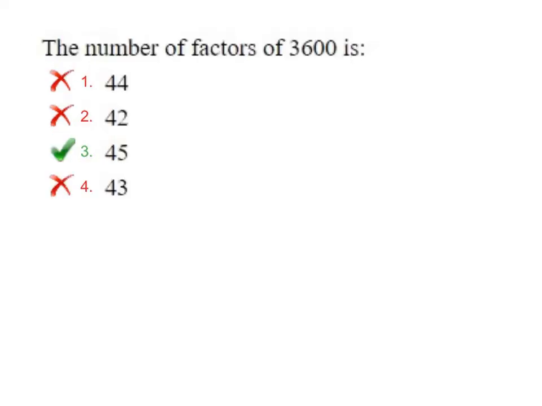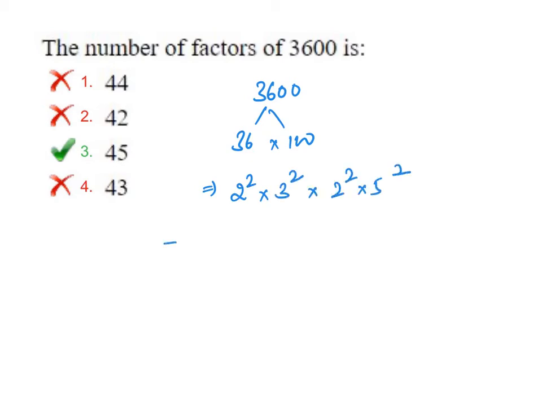The number of factors of 3600. First, prime factorize 3600. I am writing it as 36 into 100. 36 can be written as 2 square into 3 square. 100 can be written as 2 square into 5 square. Overall, you can write it as 2 power 4 into 3 square into 5 square.